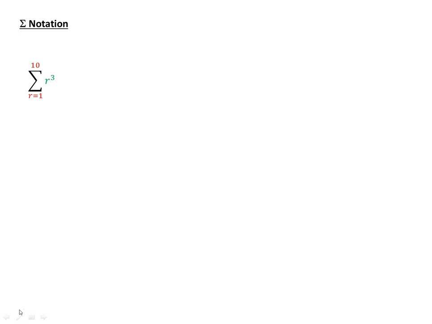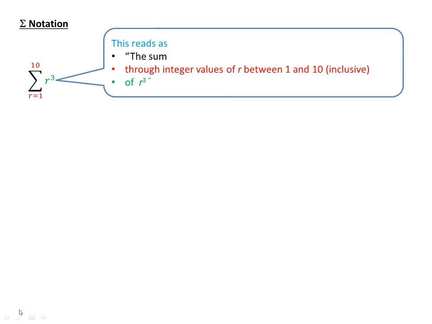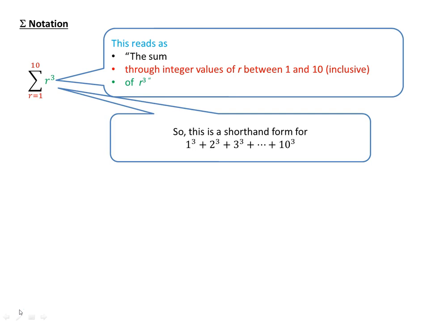So if we have sigma from r equals 1 to 10 of r cubed, we read that as the sum through integer values of r between 1 and 10 inclusive of r cubed. So what that means is that we are adding up the values of 1 cubed plus 2 cubed plus 3 cubed plus 4 cubed plus 5 cubed all the way up to and including 10 cubed.